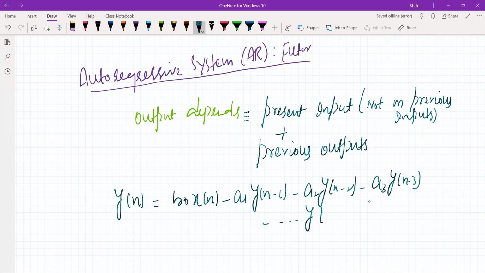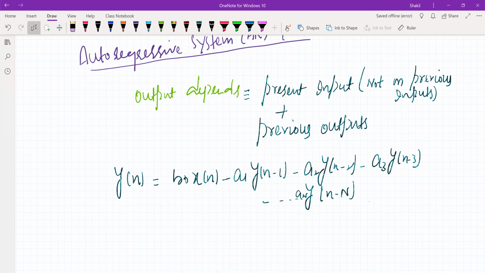So this is an auto-regressive system in which the output depends upon the present input and the previous outputs.